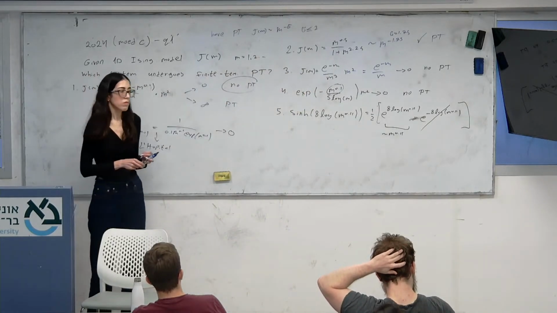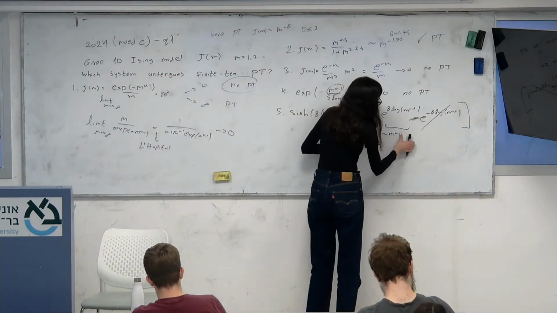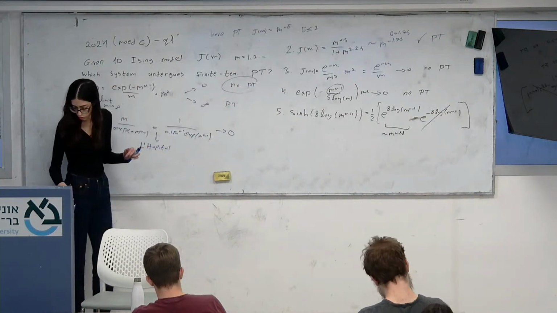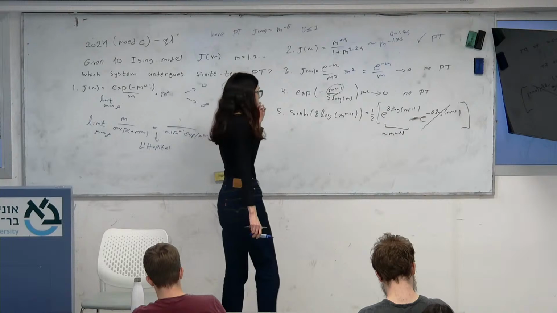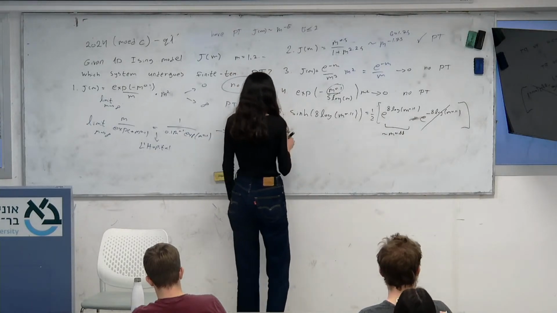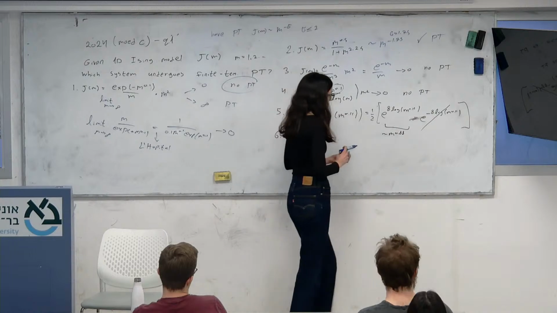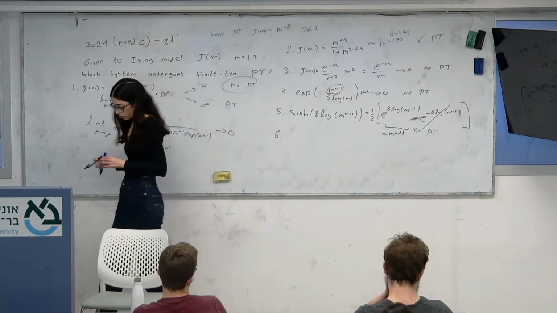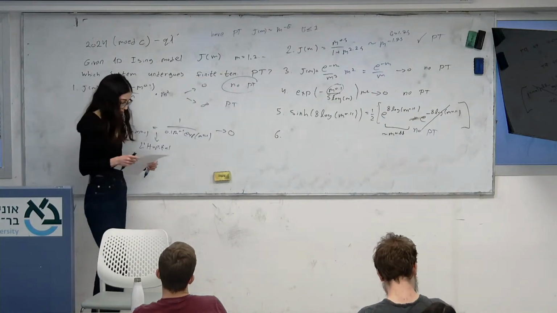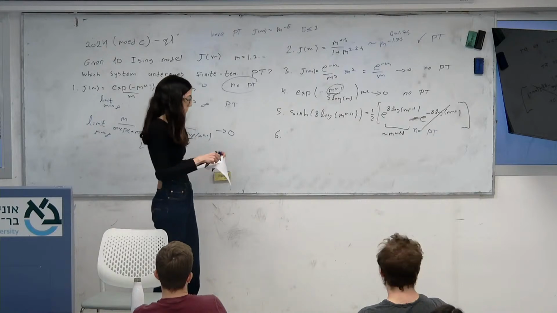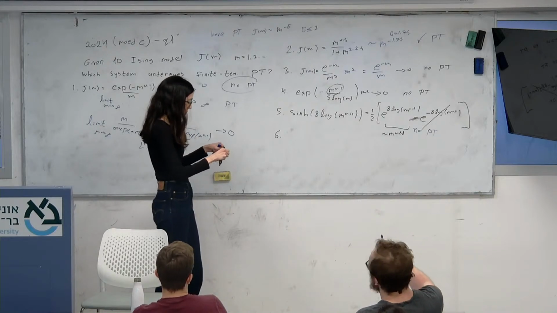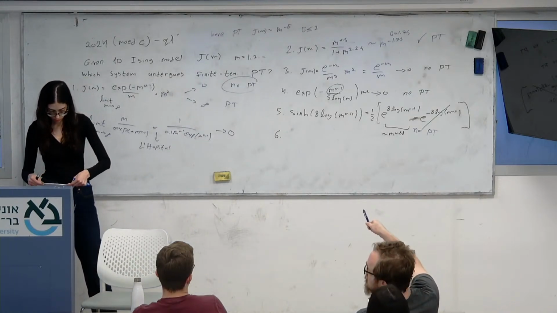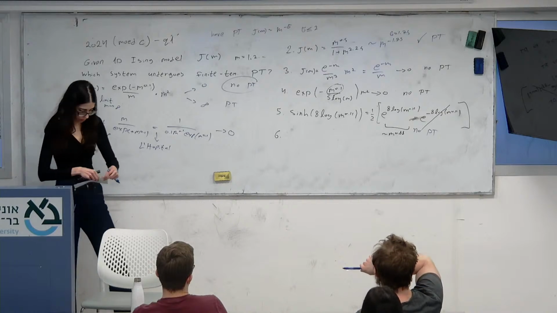Sorry? Shouldn't you take the 8 inside the logarithm? Okay, and the last one for normalization. But why? Why is there no phase transition? Because it's not time frame square, it's just integer. So it's minus.